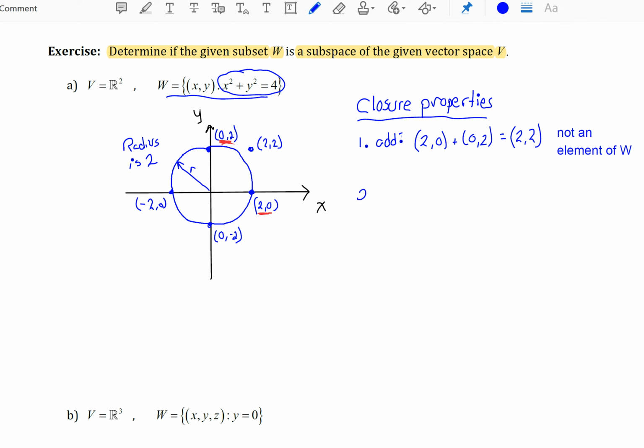However, just for practice, I would like to look at some of the others with you. How about scalar multiplication? If you did any constant times a solution, notice that this is also failed since 6, 0 would not be a solution either.